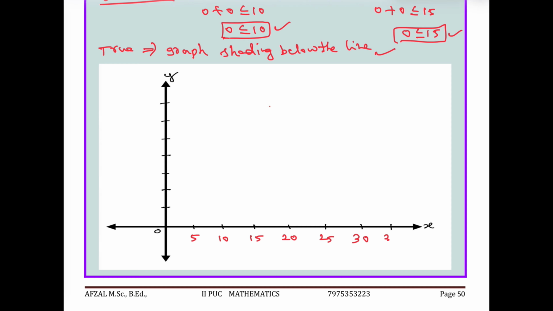Next, 13th question. The direction ratios of line joining the points 2, 3, minus 4 and 1, minus 2, 3. Direction ratios formula is, first point if you take it as x1, y1, z1, second point is x2, y2, z2. The formula is x2 minus x1, comma y2 minus y1, comma z2 minus z1.